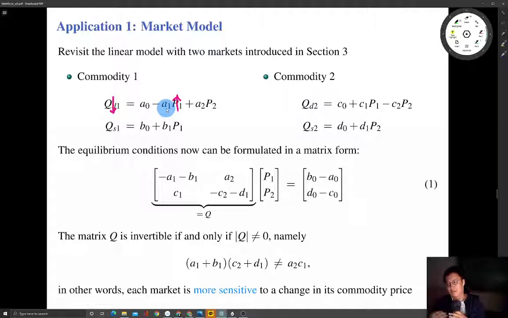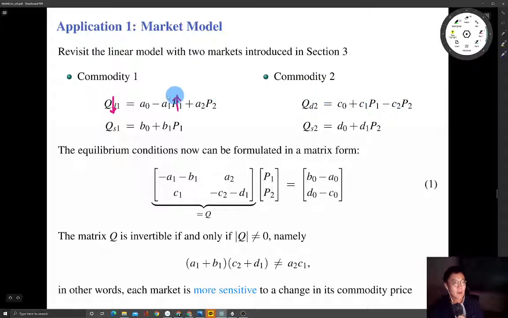If the price of one good increases, then people tend to consume the other good. So as a result, the demand for that good decreases. So due to this negative sign, we can see that the law of demand holds in market one. And similarly, the law of demand for the second good also holds, due to this negative sign.